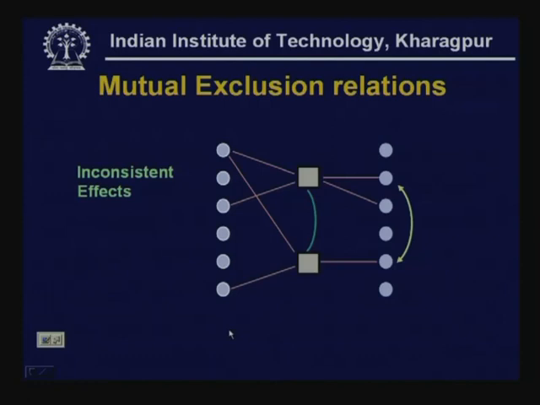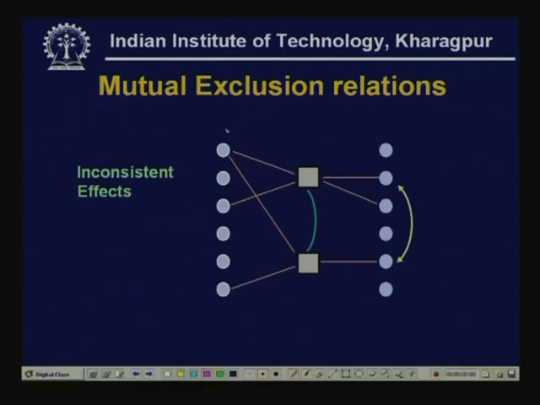So, this is graphically illustrated here. We have a proposition level Pi, and here we have the proposition level Pi plus 1, and these are the actions. We say that action A1 and action A2 are mutex, which we denote by this line between them. A1 and A2 are mutex if the effect of A1 is inconsistent with the effect of A2.